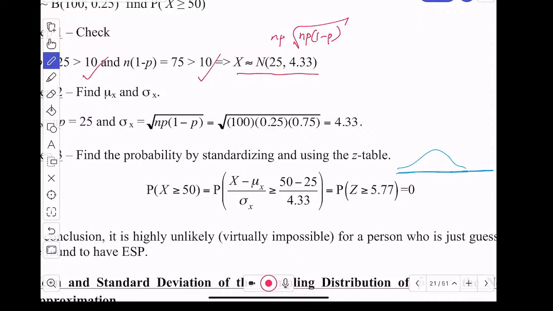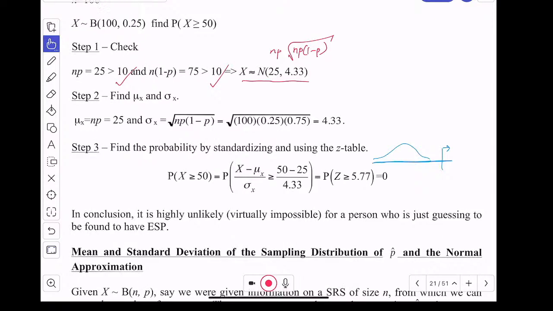5.77 is way over here, and there's nothing there really. So the chance is 0, as I suspected. So in conclusion, regarding the ESP example, it's highly unlikely, it's virtually impossible for a person who is just guessing to be found to have ESP.